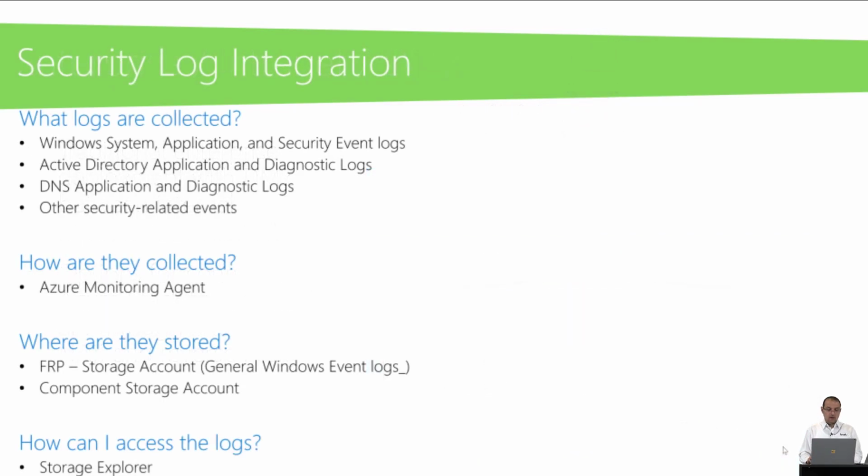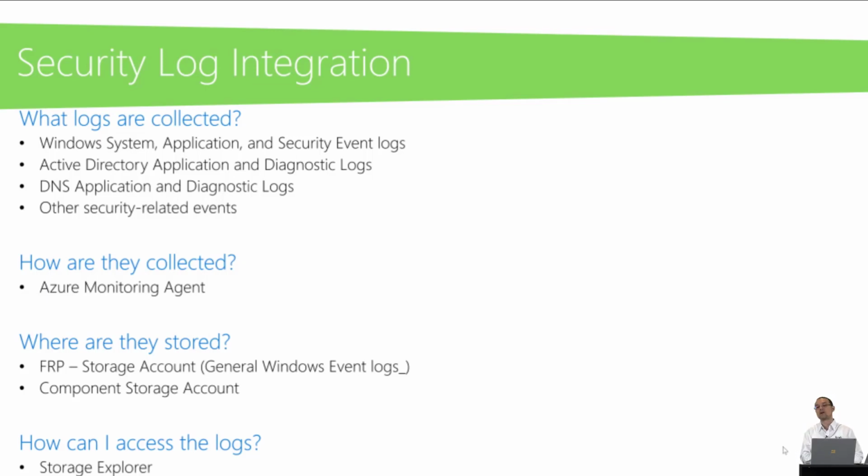The last slide that I want to talk about in data center integration is security logs. So what kind of logs does Microsoft collect? They collect Windows system logs, application logs, security event logs, Active Directory application logs, diagnostic logs, DNS logs, and so on. How do they collect those logs? They collect them using the Azure Monitoring Agent, which is already available in Azure Stack, and they are collected in a Fabric resource provider storage account.